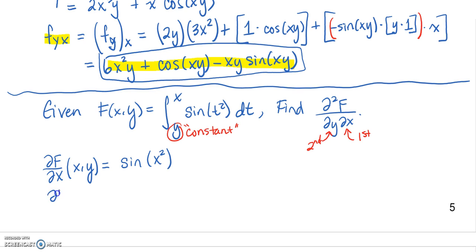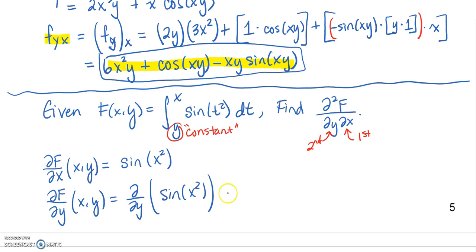And then now, if I do the partial of f with respect to y, I'm doing the partial with respect to y of what I found in the previous partial derivative. And what is that? That's 0. Y is no longer a part of this first partial derivative.